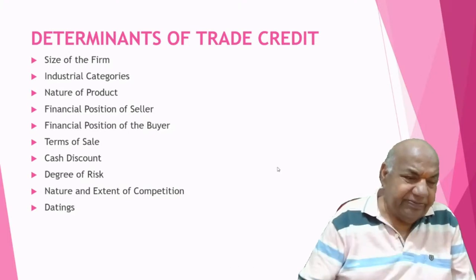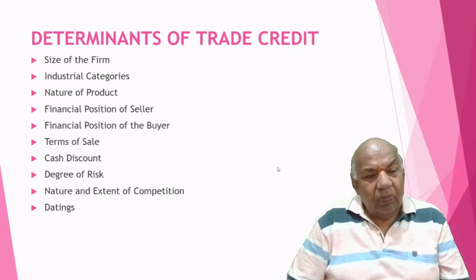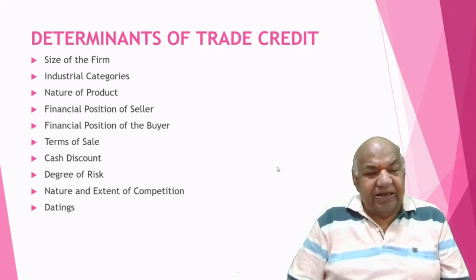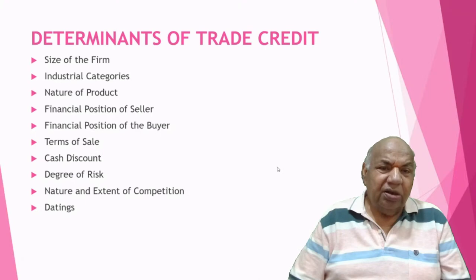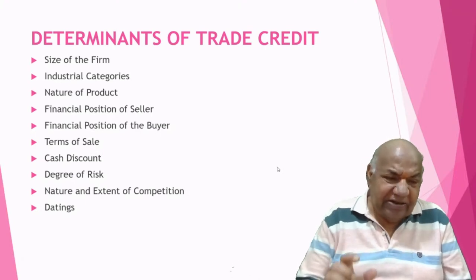Degree of risk. If the seller is in a position to take more risk, there will be larger amount of trade credit. Otherwise, there will be a shorter amount or very little trade credit.